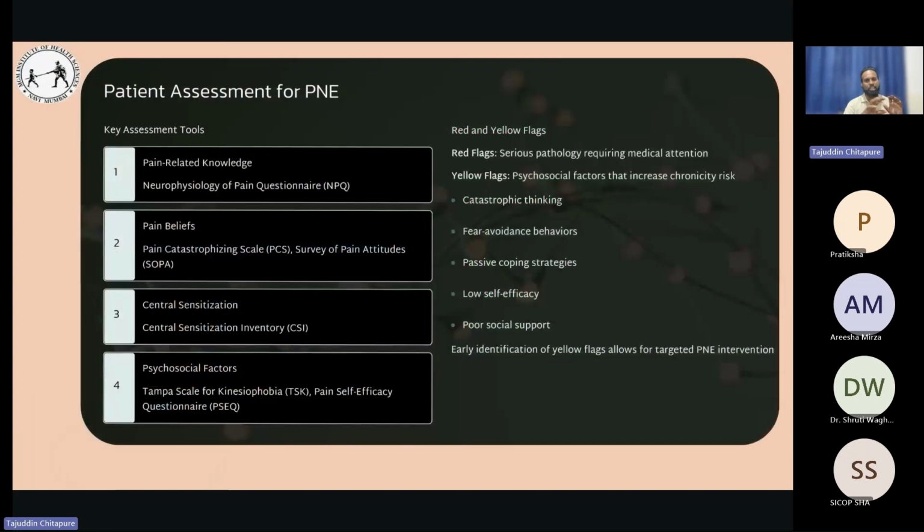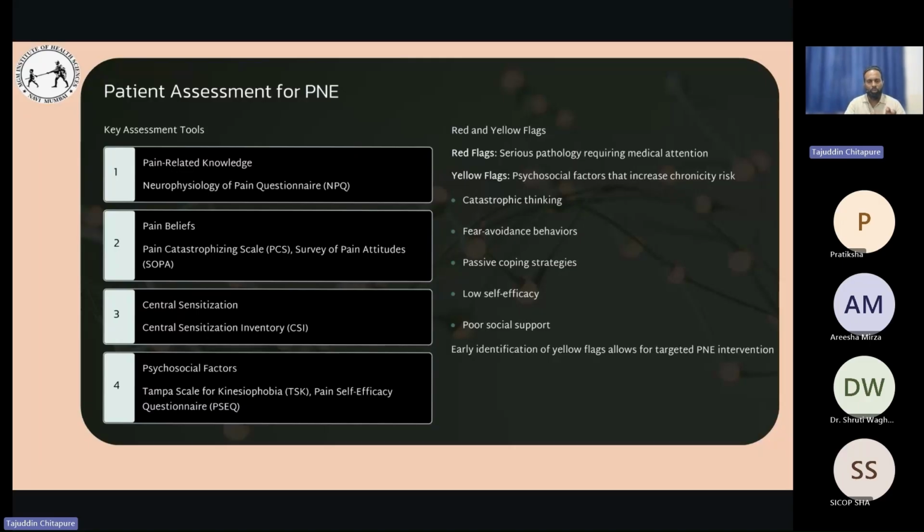So, the patient assessment for PNE, pain neuroscience education, as you know: before delivering, you should know the outcomes, right? How to assess pain-related knowledge. First, you need to find out your patient's education level related to pain, not exactly medical terms but pain-related knowledge in general terms, for which you can use the neurophysiology of pain questionnaire.